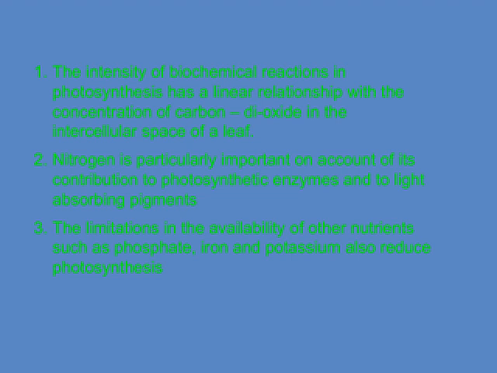The availability of other nutrients like phosphate, iron, and potassium also impacts photosynthesis. When these nutrients are limited, it can slow down or reduce the overall photosynthetic activity. So, in essence, the rate of photosynthesis is influenced by multiple factors, including carbon dioxide levels and nutrient availability, which all connect back to the overall health and productivity of the plant.